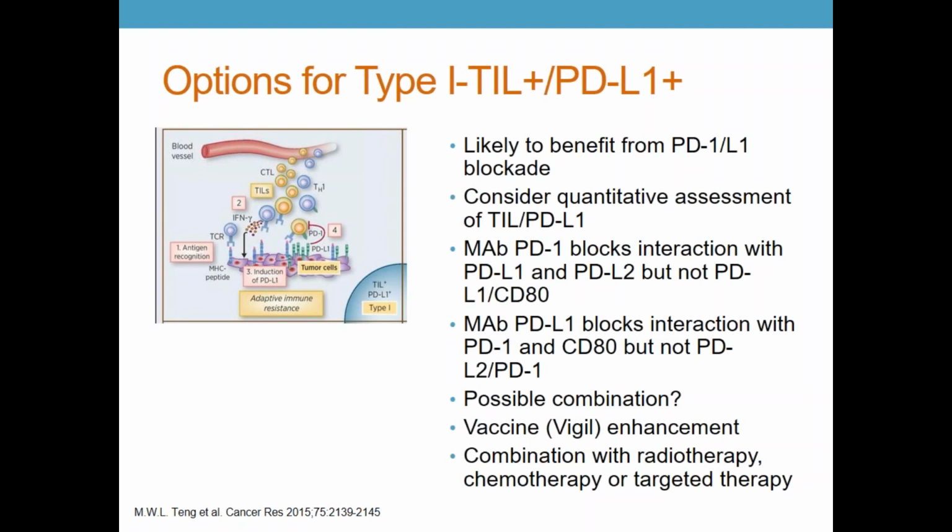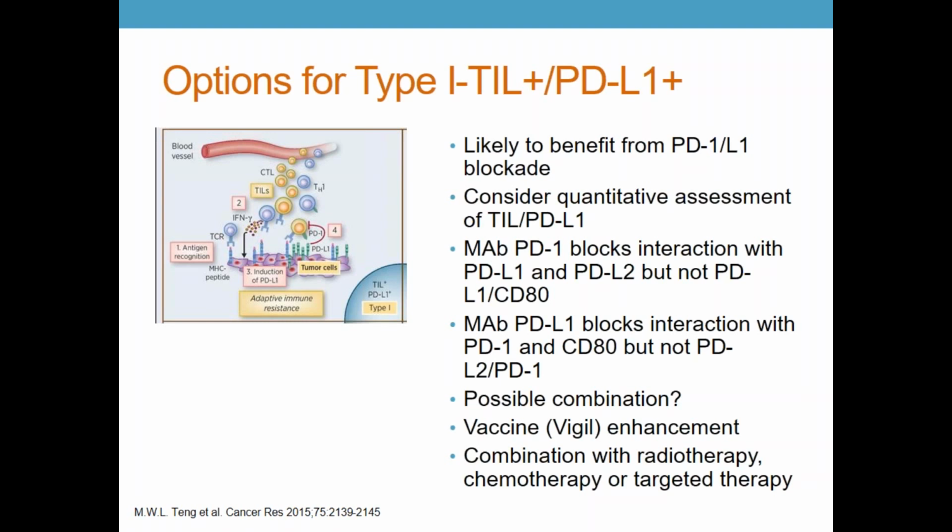Now, you may want to look quantitatively: what's the percentage of TILs, how much PD-L1. We know that we have antibodies against PD-1 and PD-L1, and they do work slightly differently. You may actually find in certain situations it's worthwhile combining them. I won't go into the specifics, but they do work slightly differently.